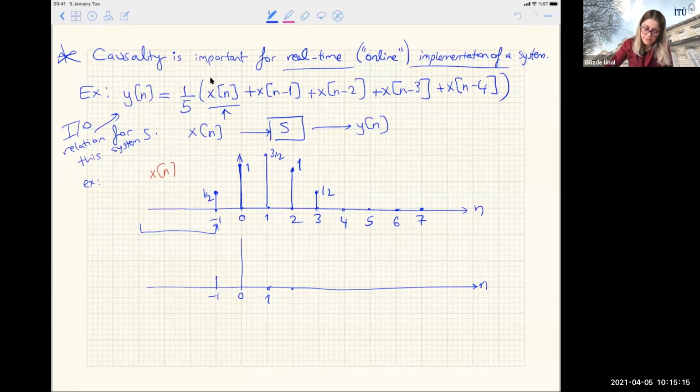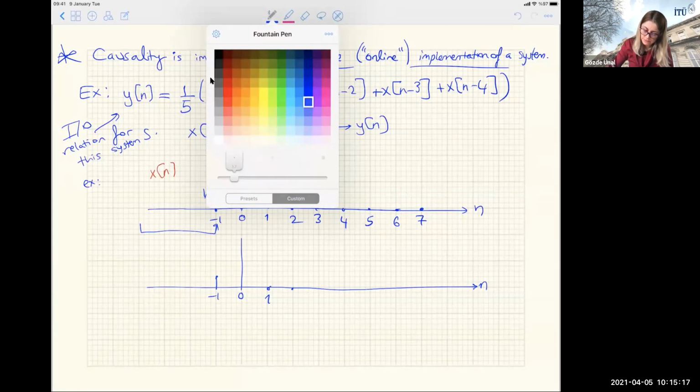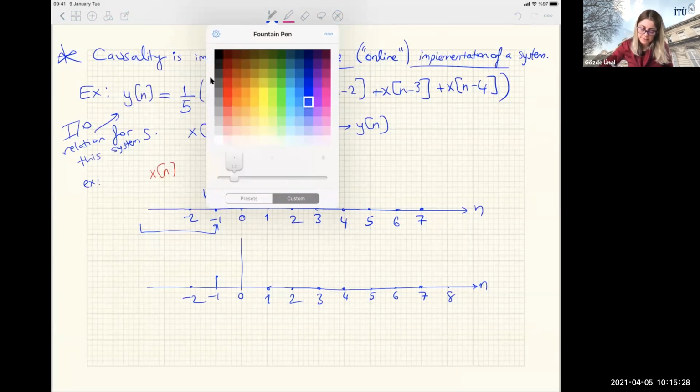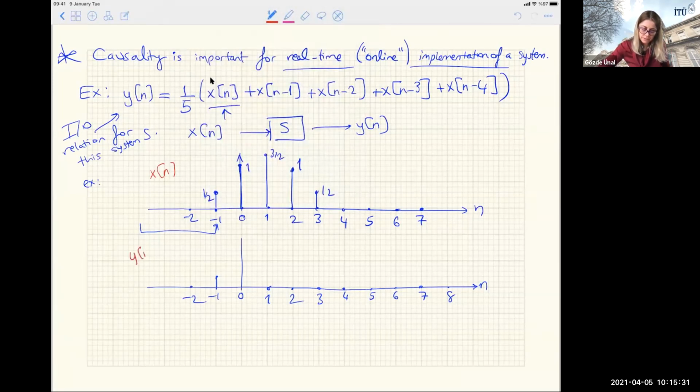Let's write this. Then the value at -1 of Y of n becomes -1/10. Now this one looks at 5 points before itself. It's really 3/2 times 1/5, 3/5.